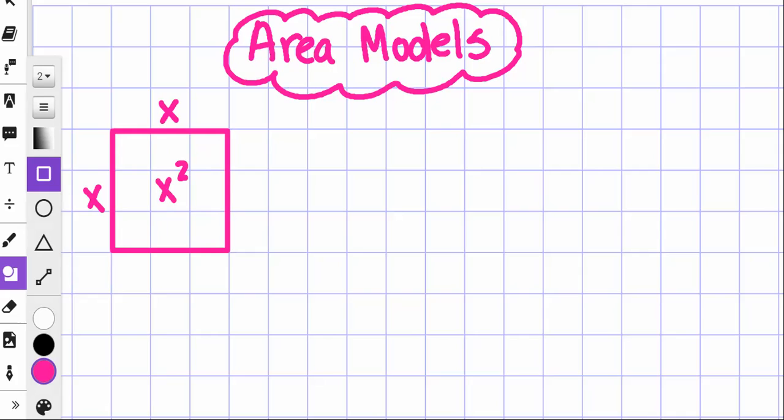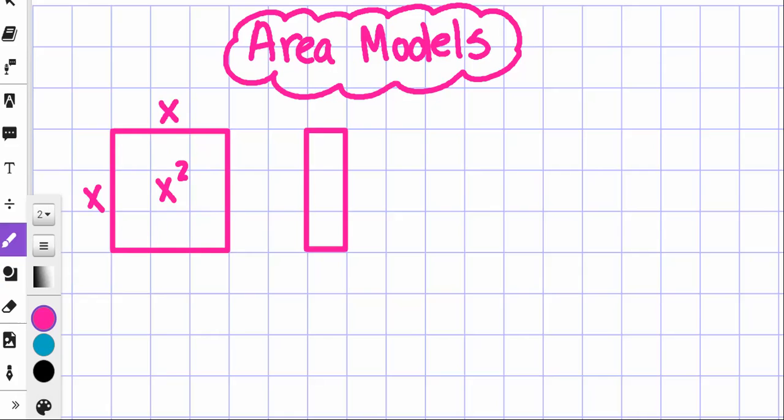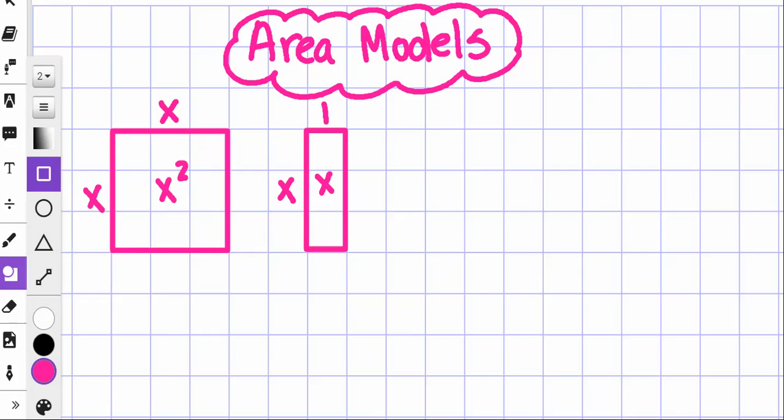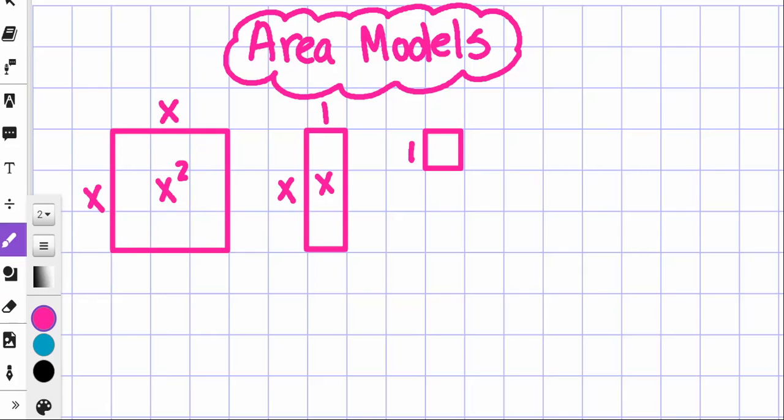And then we had ones that had the same length, but the width was only a 1. So it was x by 1, and the area of these was x. And then we had some little squares that had a width and length of 1, and 1 times 1 is 1. And we were using these to build rectangles.